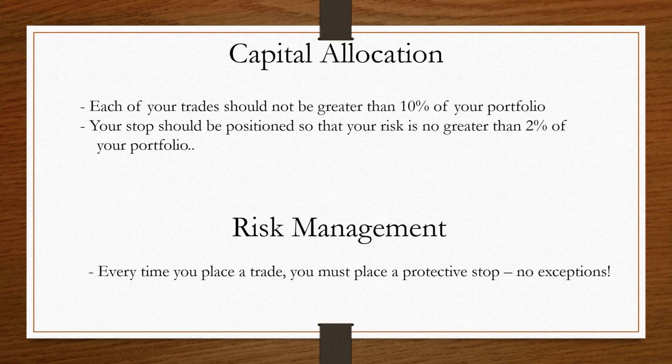And that is if you get that PDF that I mentioned earlier that goes through the trading blog for the last 3 or 4 months that it was in existence, you will see examples of this. And as far as risk management goes, you need to place a trade.